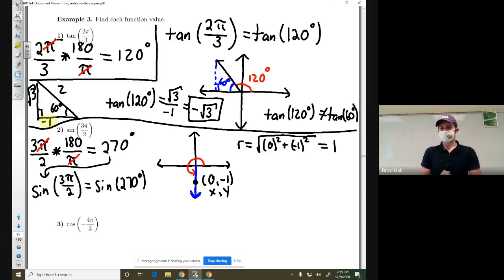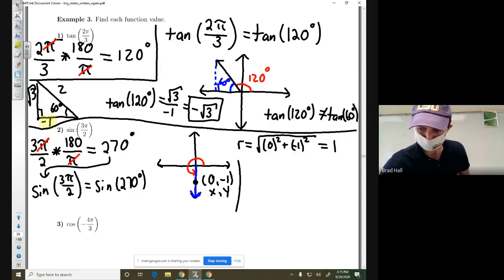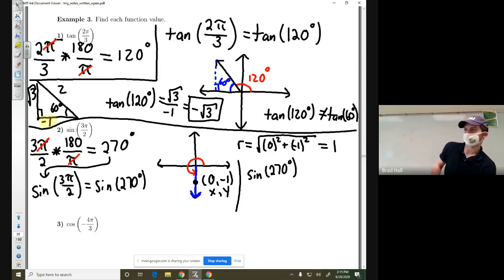And so from here, it's just a matter of remembering the formula. So sine of 270 degrees. Opposite, adjacent, and hypotenuse are out the window because we don't have a triangle. So we have to remember the general formulas.